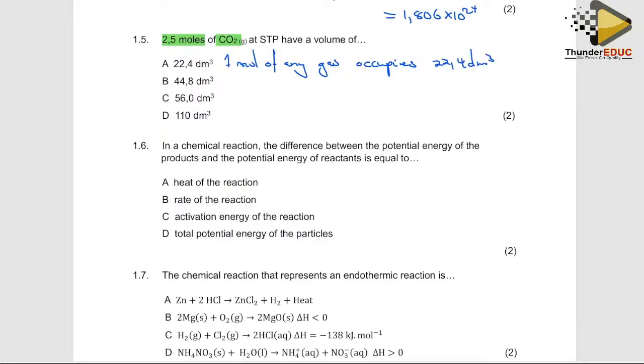So this is the volume that it occupies under STP, right? Then for 2,5 moles of carbon dioxide, CO2, what are we going to get?